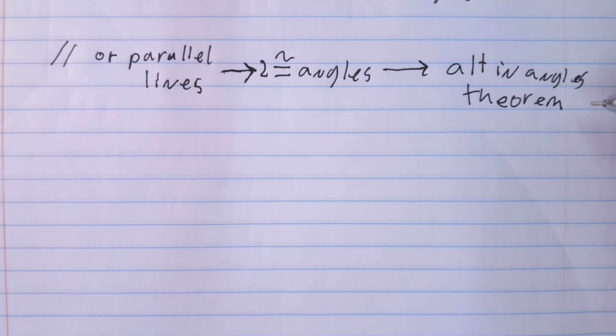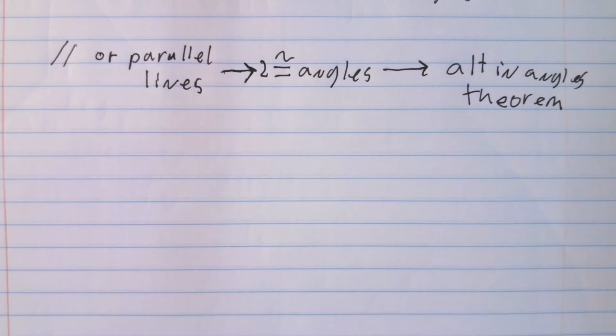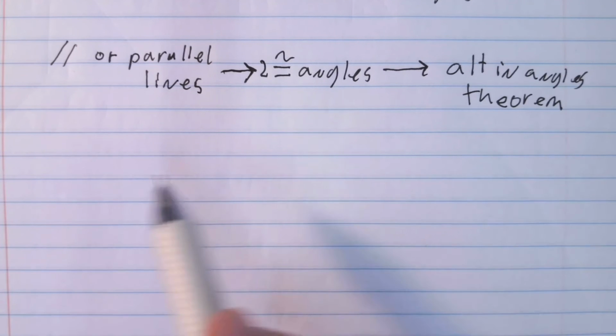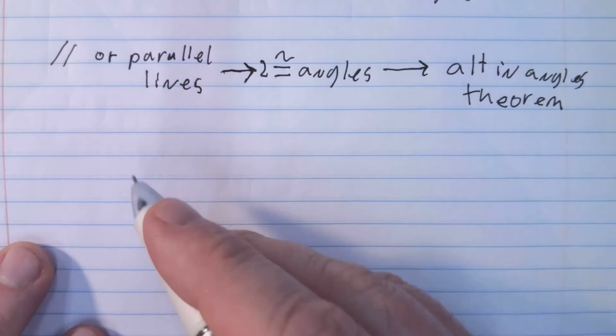Those are all in play, but so far we've seen alternate interior angles, and it works really well with triangles because we're dealing with angles inside the triangles, so that makes sense. So it could be all of them, but for now, this is what we've seen. And so I want to focus on these first before I do research, right? Okay? And we've only done how many proofs? 6? 6 proofs so far? I did 2 in notes, and then you just did 4. So there could be more.